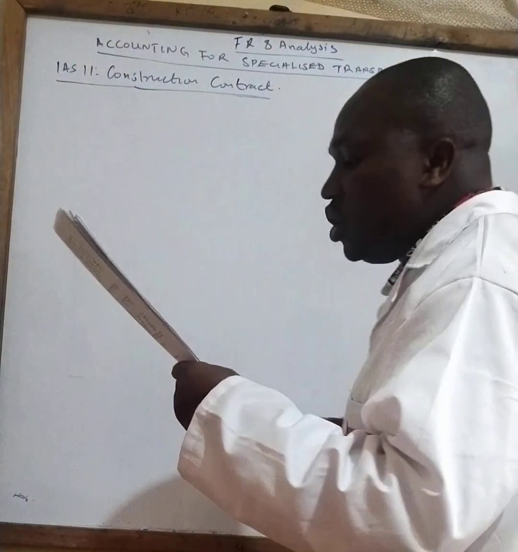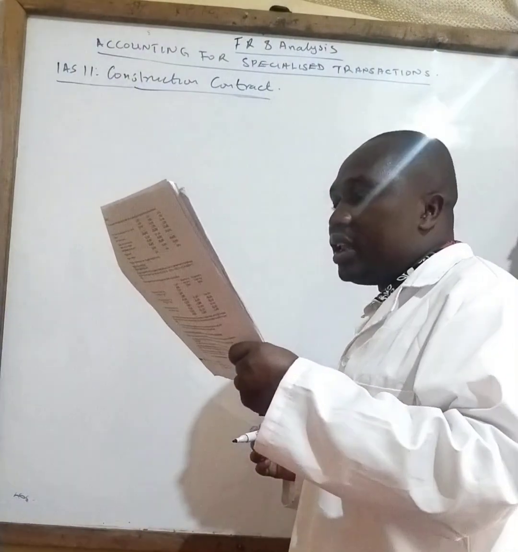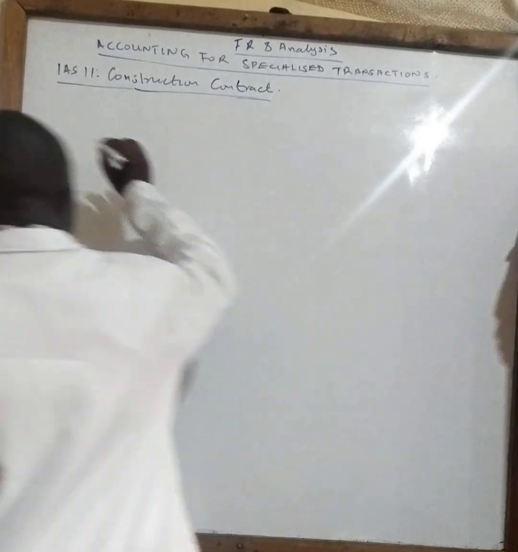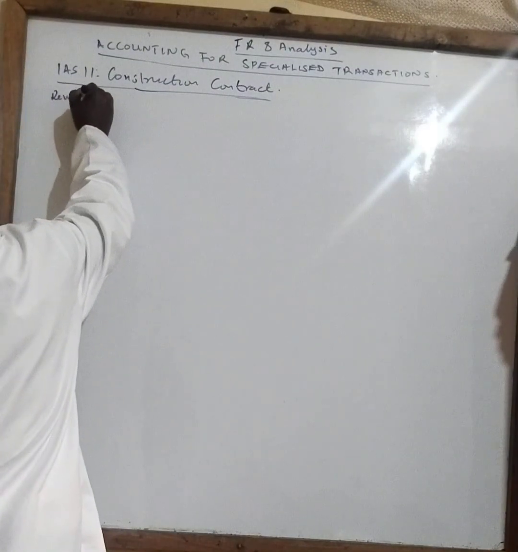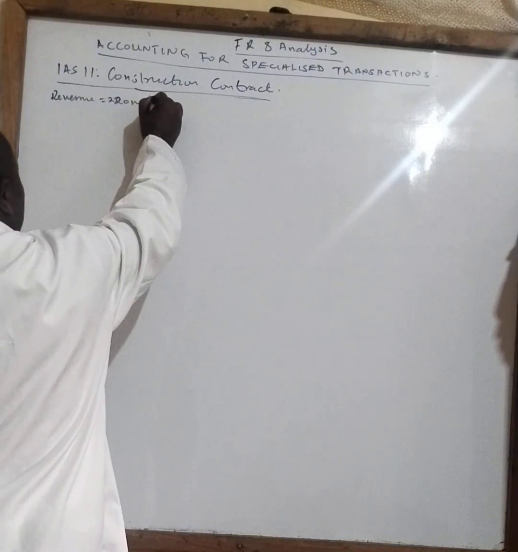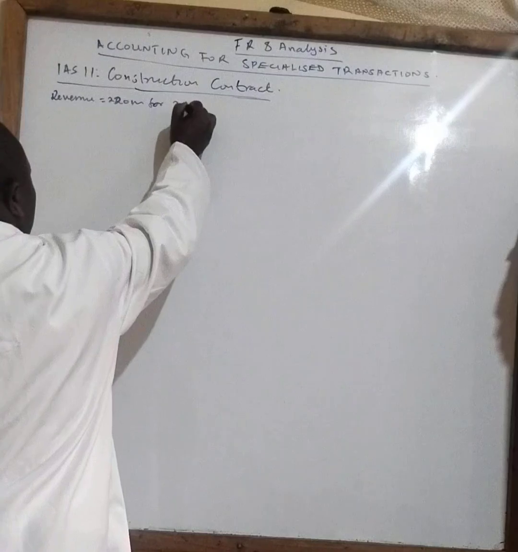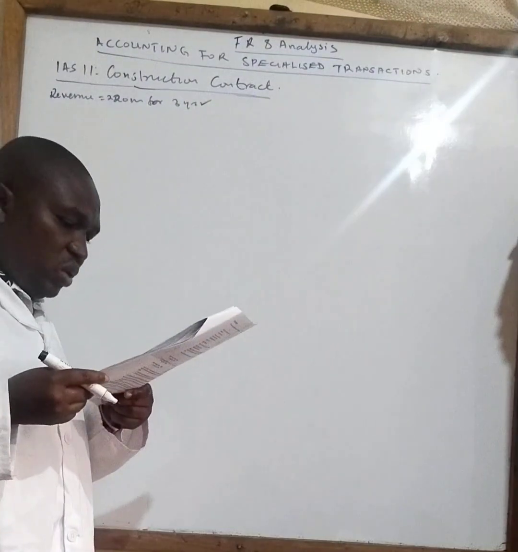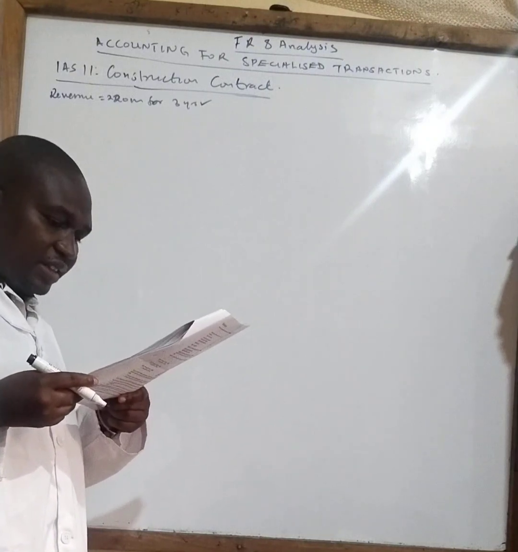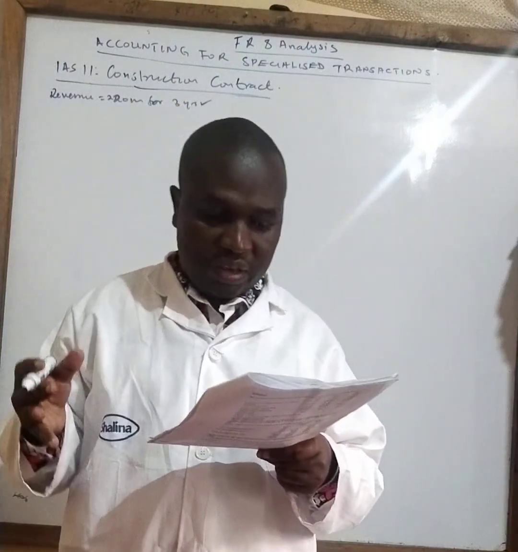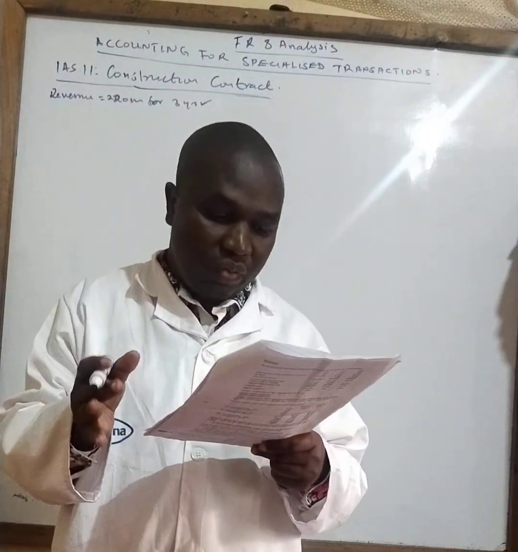Then we have been told, we extract information carefully. The initial amount of revenue agreed is 220 million. So revenue, 220 million. For how many years? 3 years. Correct? Then, at the beginning of the contract on 1st of January 2026, the initial estimate of the contract cost is 200,000 at the beginning of the year.